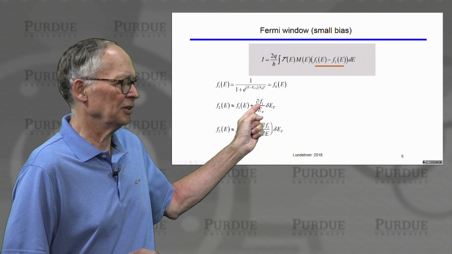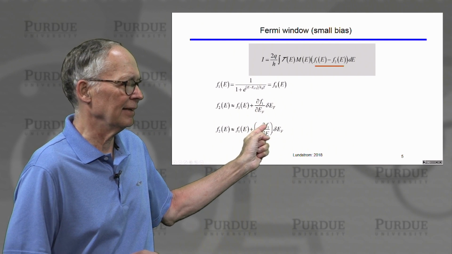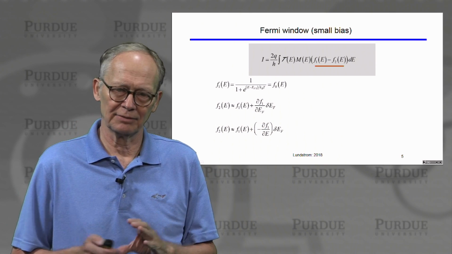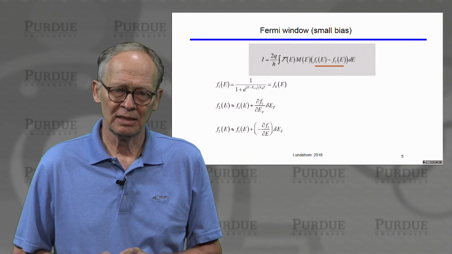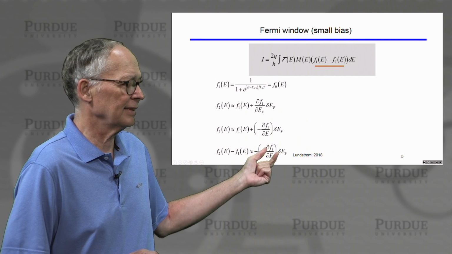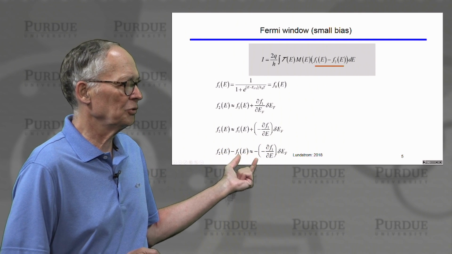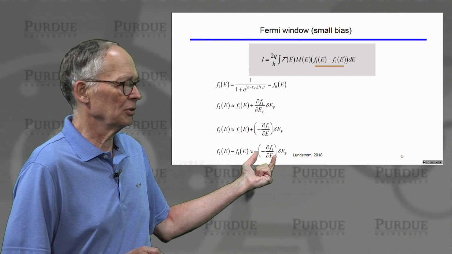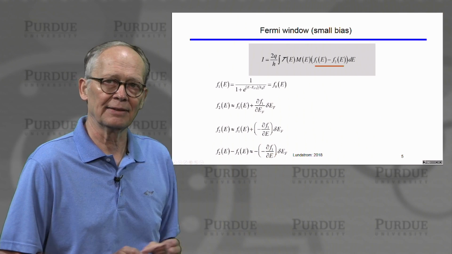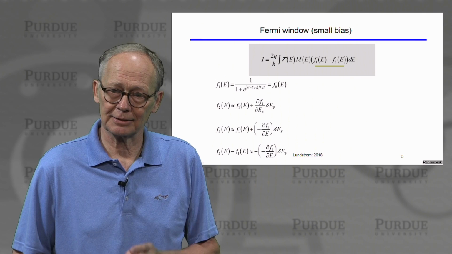So it'll be convenient to express this as minus dF/dE instead of with respect to the Fermi level. Now I just subtract F1 minus F2, and you can see that the difference between those two is proportional to the difference in the Fermi levels between the two contacts.